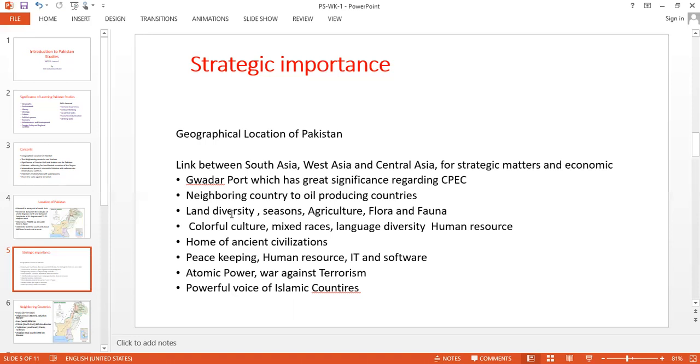Seasons. Pakistan enjoys, and the people of Pakistan enjoy, almost all types of seasons.